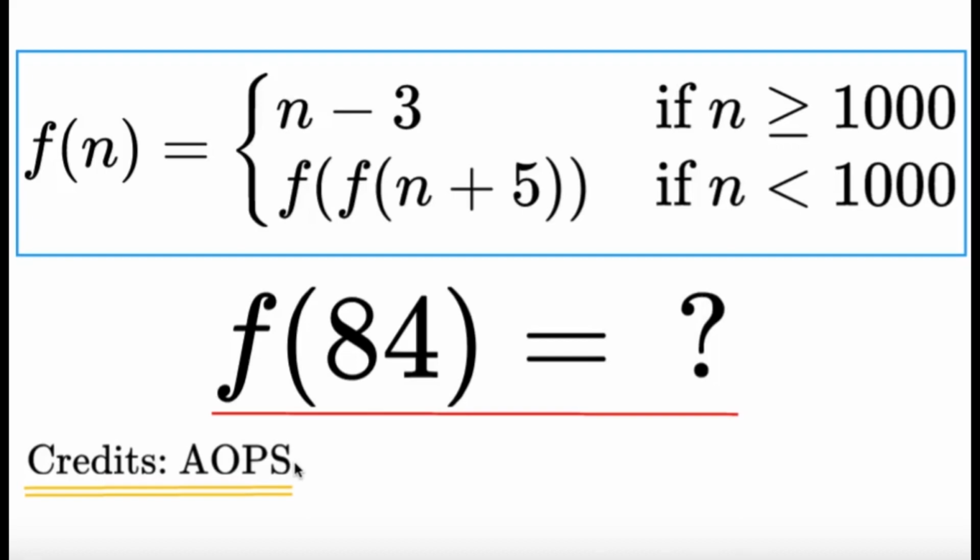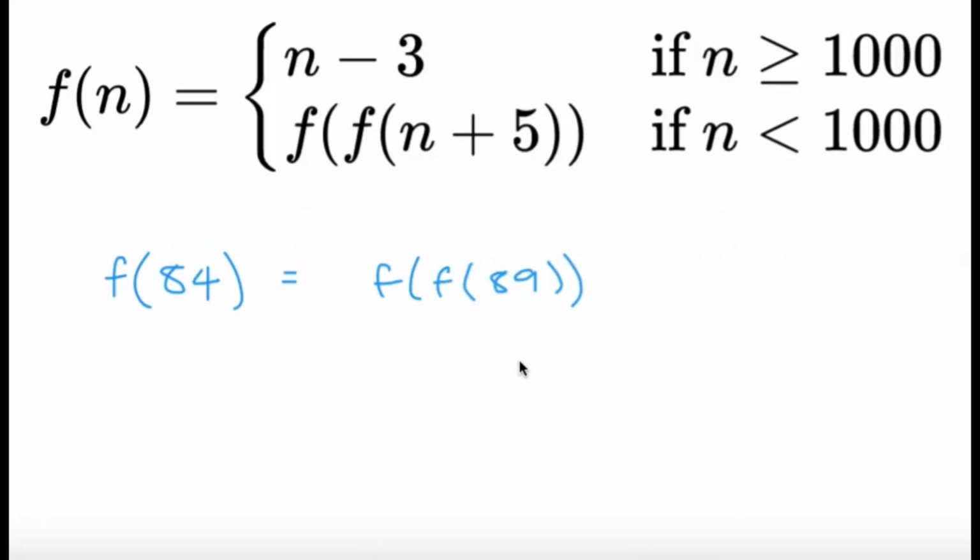Now, to get f of 84, obviously we have to substitute n as 84 into this equation. But in this case, it's going to fall under this category. So we get that f of 84 is going to be f of 89.